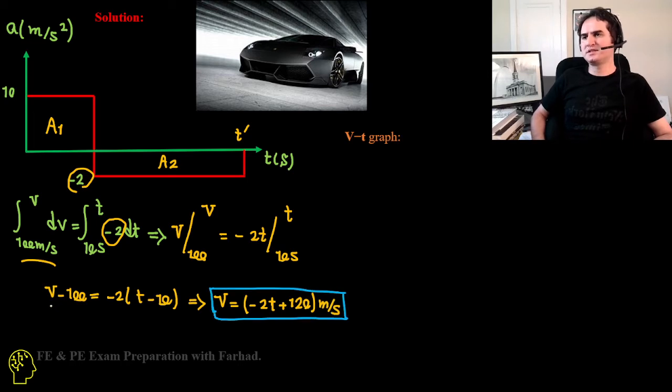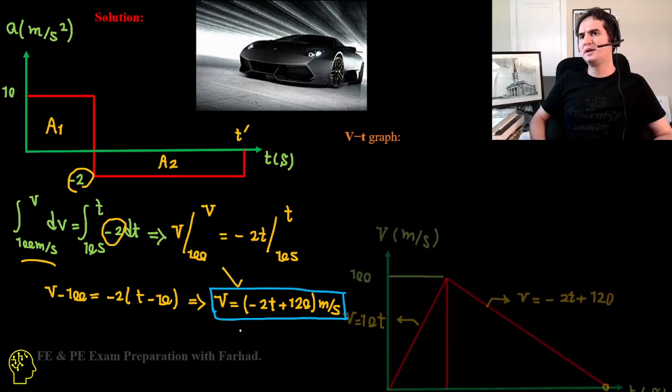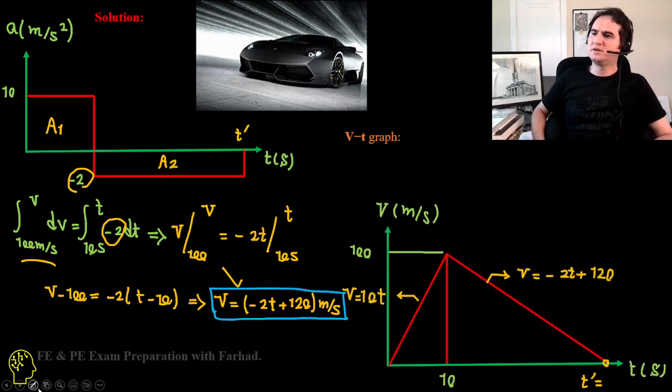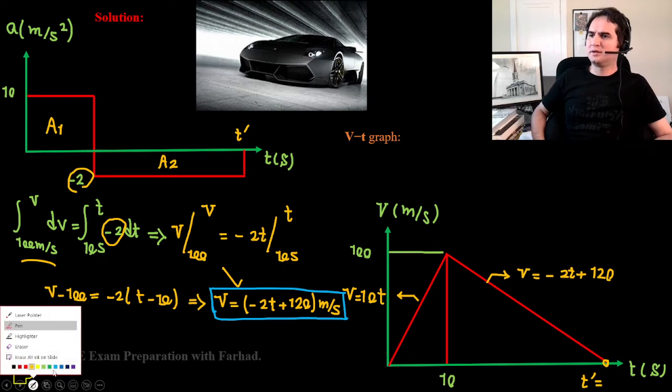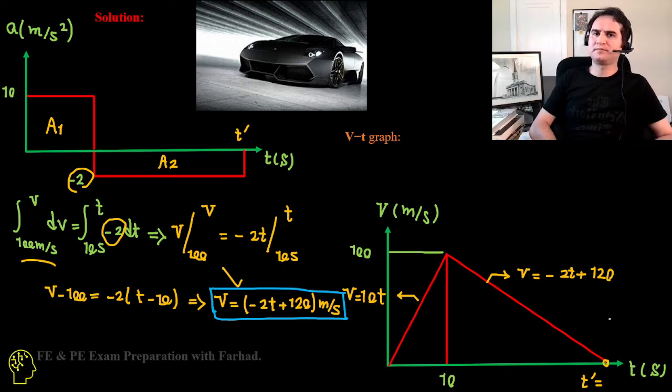So it just gives us an equation which says v minus 100 is negative 2 times (t minus 10 seconds), and it gives us an equation for velocity for the second part: negative 2 times time, plus 120. That's how we can construct velocity versus time from acceleration and time.